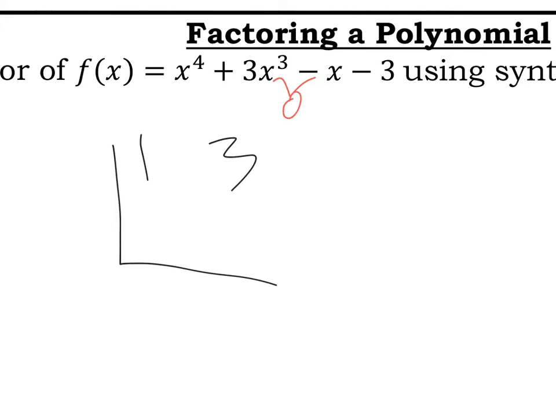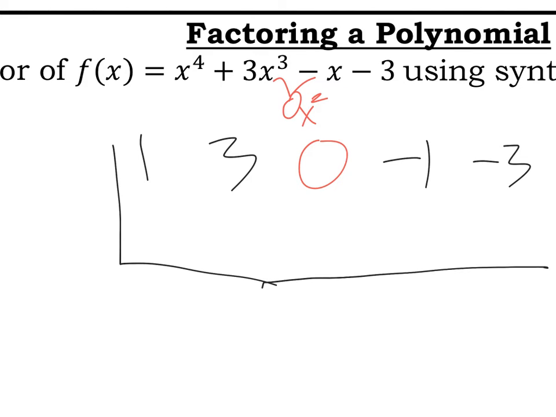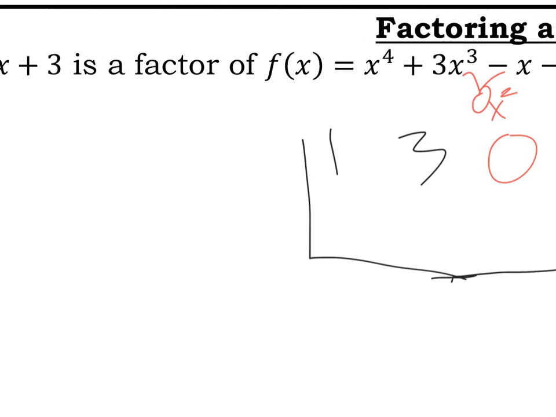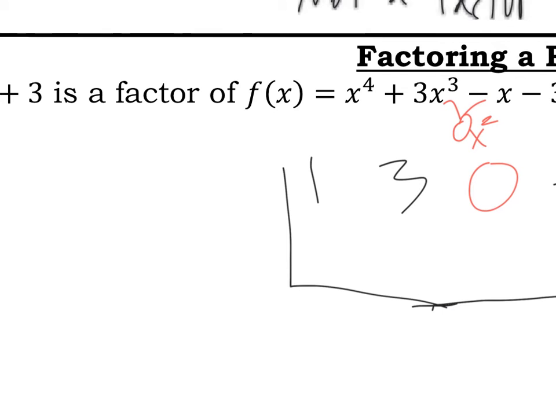There's no x squared term, so add in a 0x squared, okay? And then minus 1x, and then minus 3. And so that is how you properly set it up. If it skips a term, you need to throw in a 0. What am I dividing it by? X plus 3. So I'm going to put in negative 3 on the outside.